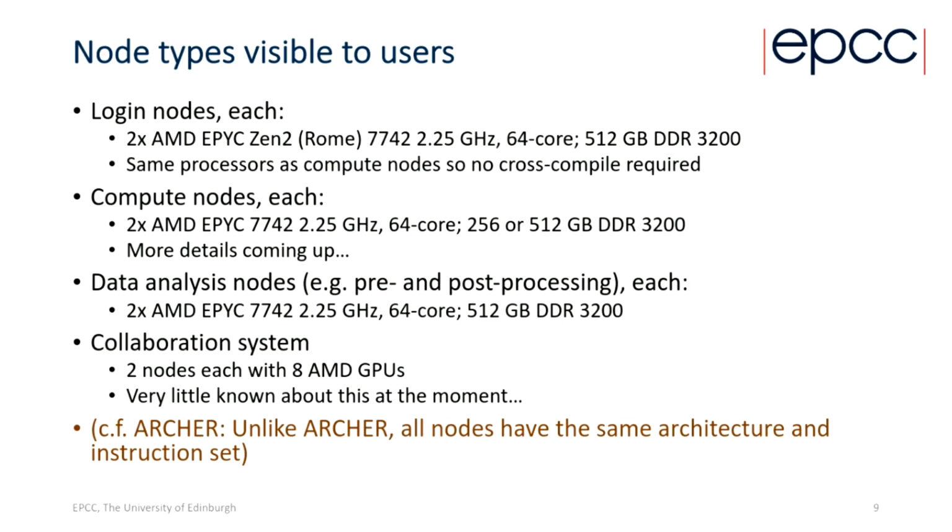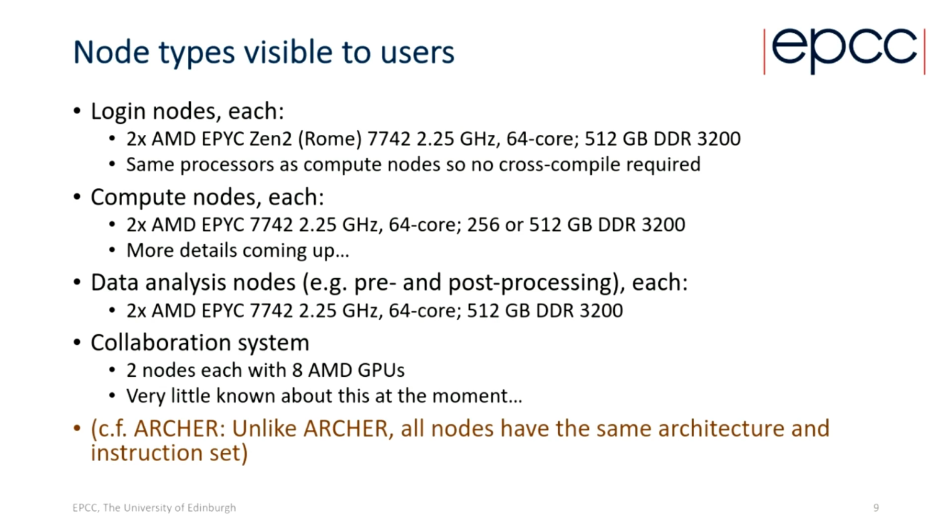So you're always cross-compiling, and there's always a bit of confusion about why compiled codes didn't work the same on the post-processing nodes as they did on the compute nodes. Hopefully, in Archer 2, this will be less of a problem because the architecture is much more consistent across the system. Okay, so the login nodes have half a terabyte of memory and lots of cores available.